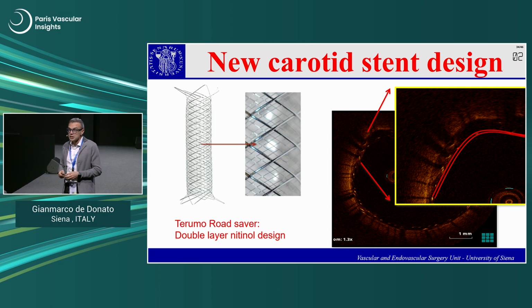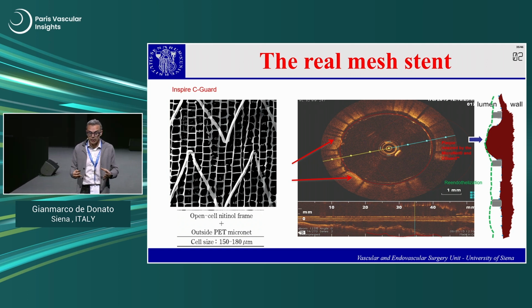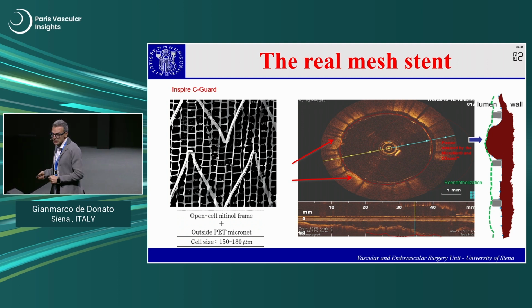So what about OCT with these new stents? We have, of course, analyzed the results with the Terumo Roadsaver, the double-layer nitinol design, and with the Inspire, what I call the real mesh stent, the MicroNet, the PET MicroNet with a very small cell size of just 150 to 180 microns.